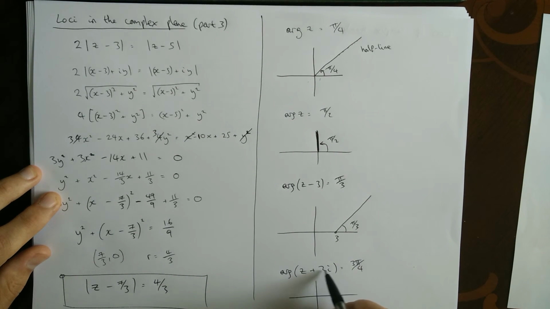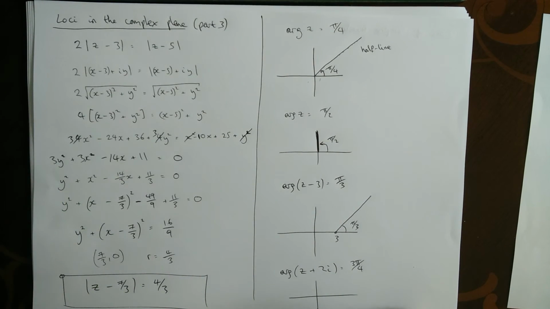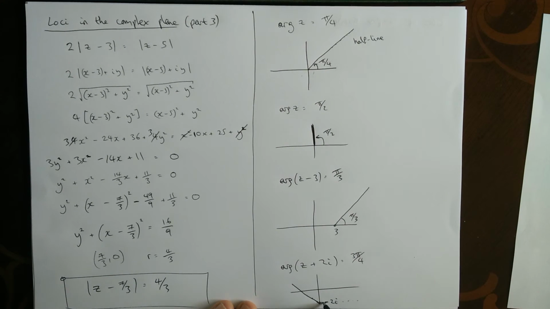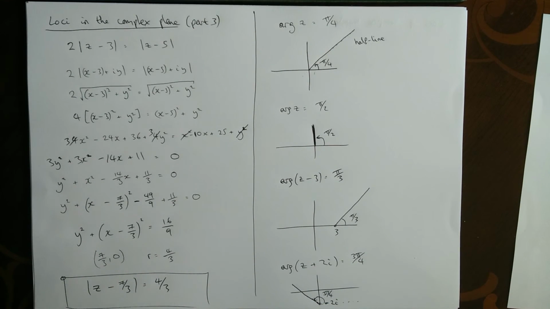We'd have to start not at 2i, but at minus 2i down there. And this time we always measure from the positive x direction, even if the x-axis isn't there. We do 3pi/4, which goes right around to here, 135 degrees, I think. There we go, 3pi/4. And it's that half line projecting away in that direction. And that's how you draw these.